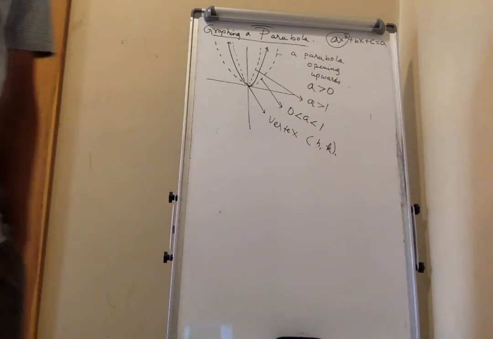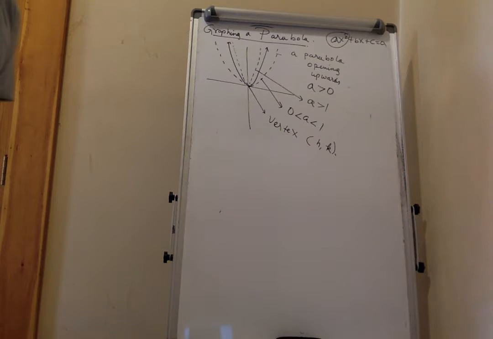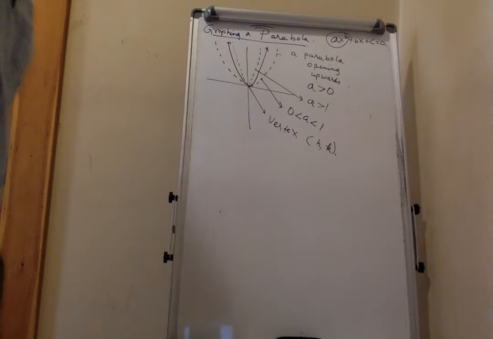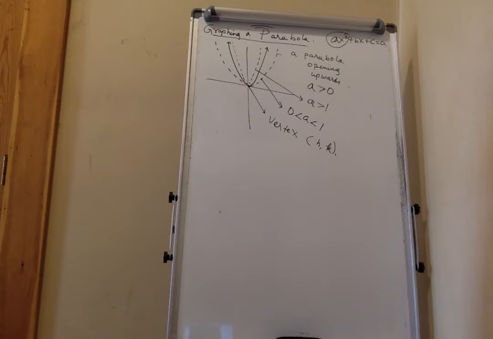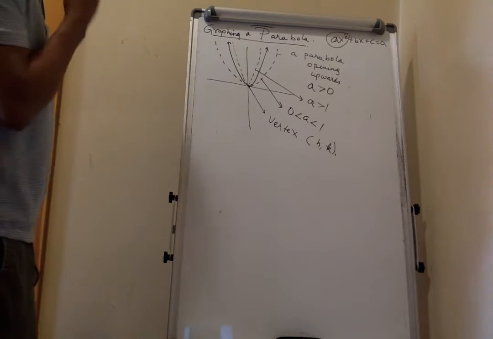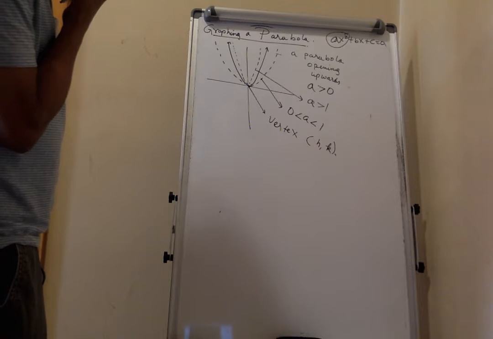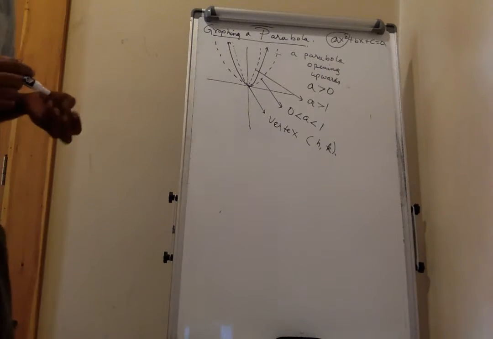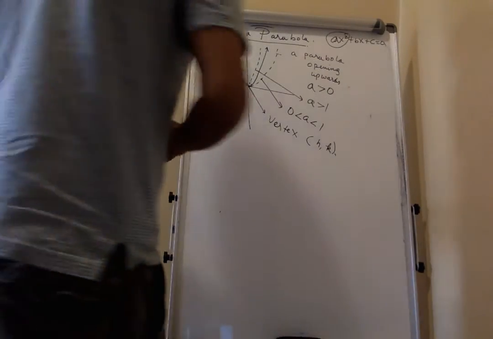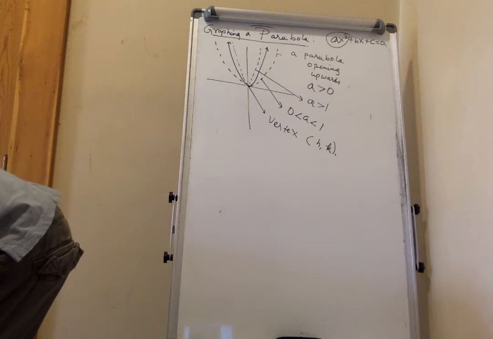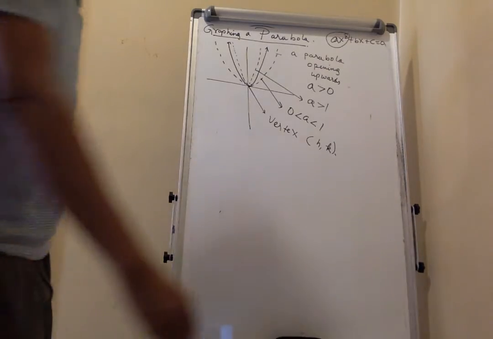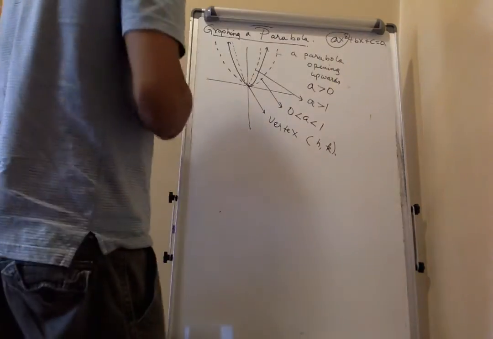So the x coordinate of the vertex and the y coordinate of the vertex, we're going to use h and k, the same way that we did for the circle. So the vertex is h and k. Now we know the preliminary values of the parabola. And so, how do we graph this?